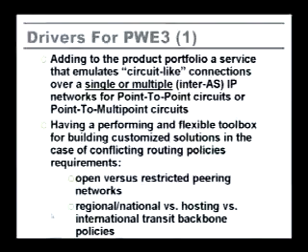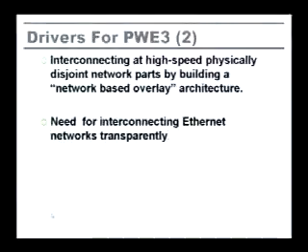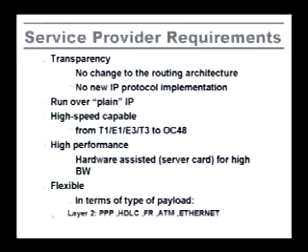In those AS, the peering policy is different, so we have open versus restricted peering policy. A third driver was to interconnect physically disjoint networks at high speed by building a kind of overlay. And a last driver was to interconnect Ethernet networks transparently.